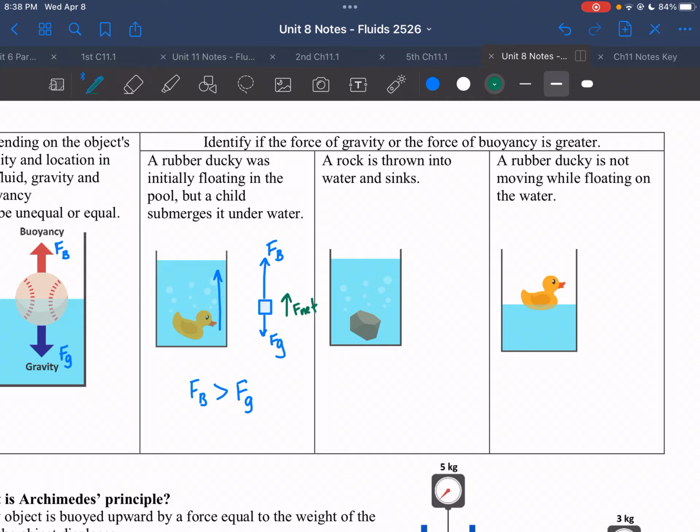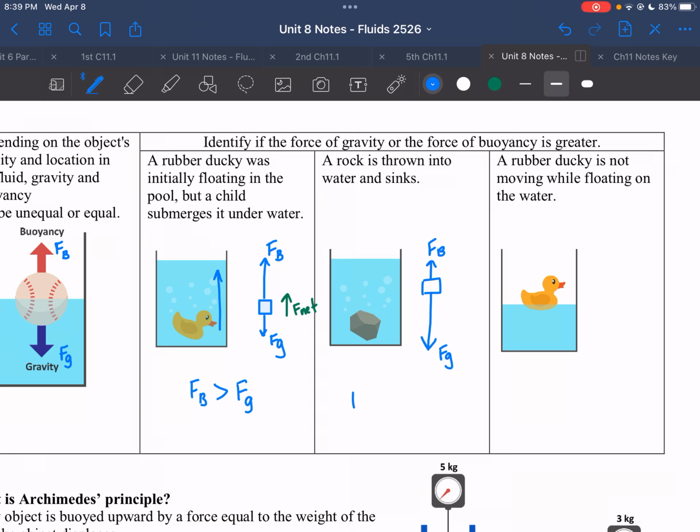Now a rock is way more dense, and so thrown in the water, it immediately starts sinking. So we know that the density is going to be a lot higher for a rock. So because of this, it is going to start falling towards the ground. What that means is that the buoyant force is not very big, and the weight of it, mass times gravity, is pretty strong.